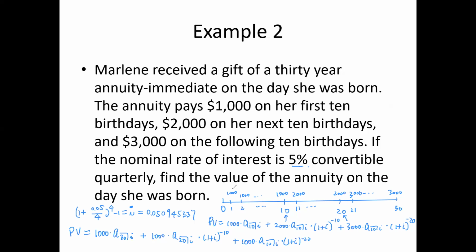So I have 1000s in all of these payments, and because of the 2000s, I put another 1000 here, another 1000, another 1000, another 1000.